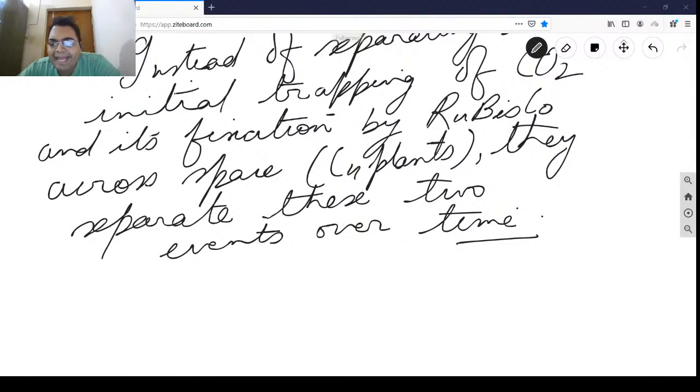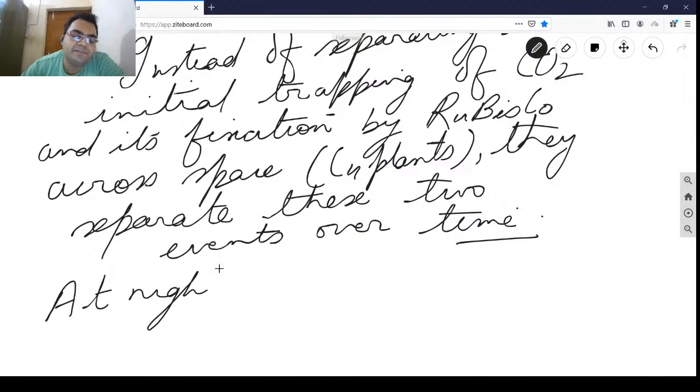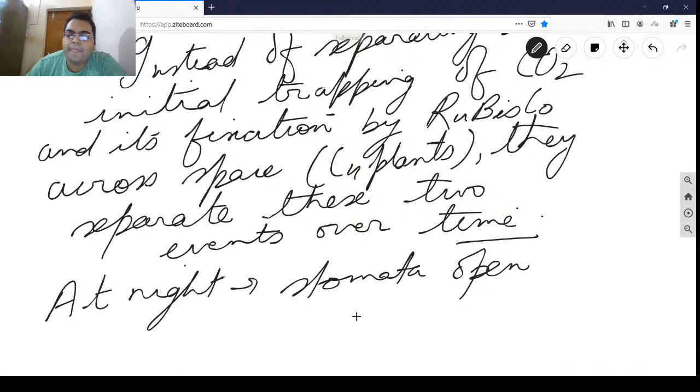Now what I mean is, at night when the air is cooler and moist, the stomata open and CO2 enters.